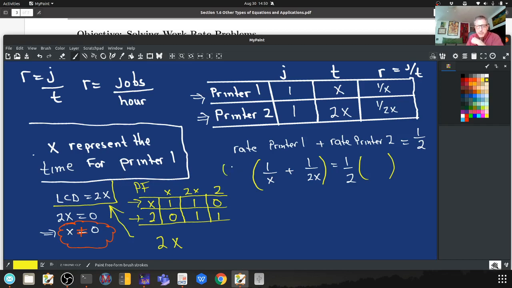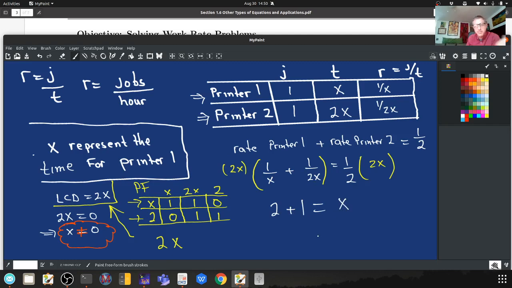So we're going to multiply both sides by 2x. When we do so, we get 2x times 1 over x. The x's cancel out, and I get 2. 2x times 1 over 2x. Well, the 2x's cancel out, and I get 1. How nice is that? And 1/2 times 2x, the 2's cancel out, and I get x.